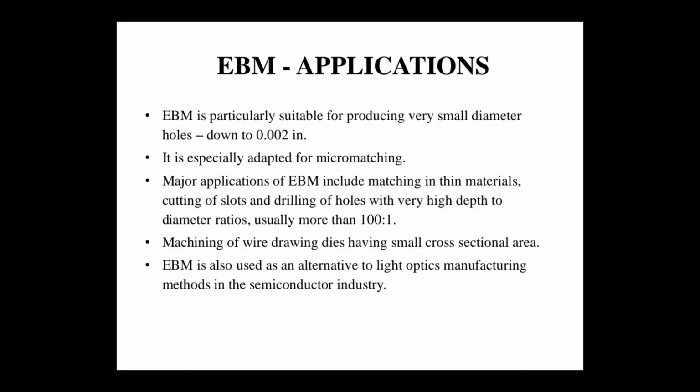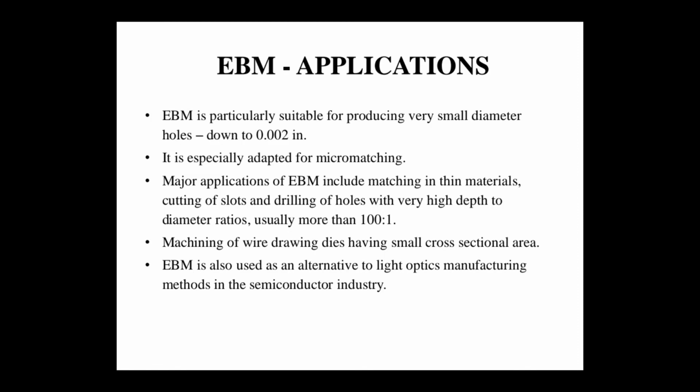Now we'll discuss the applications. Electron beam machining is particularly suitable for producing very small diameter holes down to 0.002 inch. It is especially adapted for micro machining. Major applications of EBM include machining in thin materials, cutting of slots, and drilling of holes with very high depth to diameter ratios, usually more than 100 to 1.